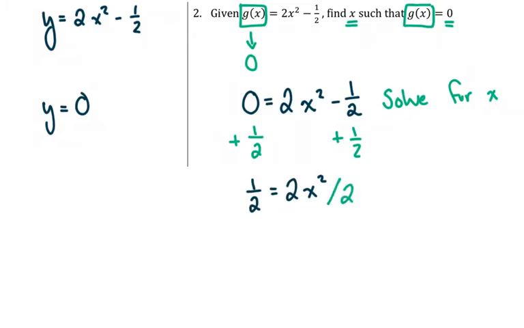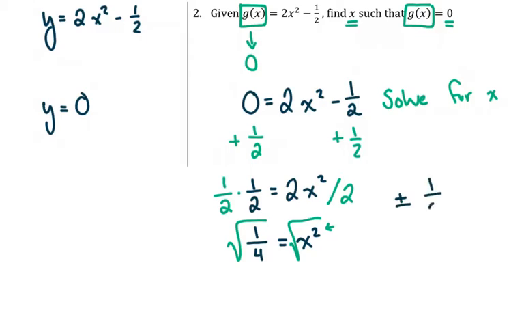When I divide a fraction by 2, I'm going to call that multiplying by 1/2, which leaves me with 1/4 is equal to x squared. Take the square root of both sides. Now remember, if you've got a squared, what should we all have in the answer? Plus or minus, right? 2 as the exponent means we're going to have 2 answers. So we end up with plus or minus the square root of 1/4, which is 1/2, is equal to x.